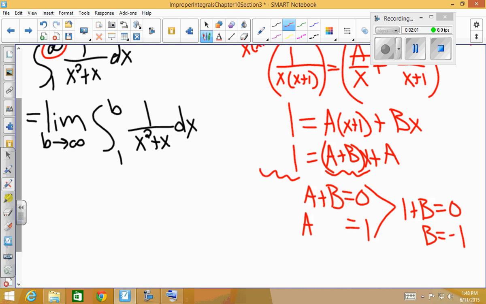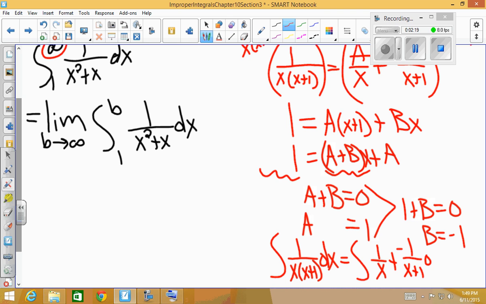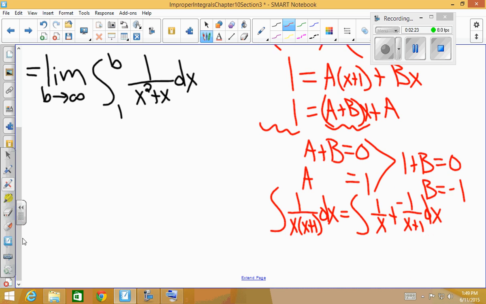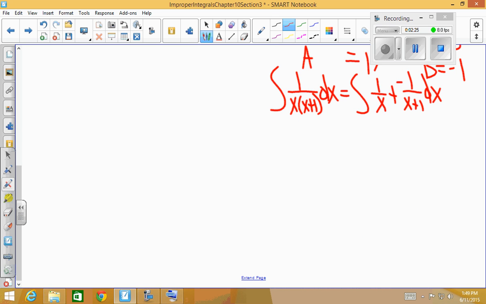So the integral 1 over x times x plus 1 dx is equal to the integral 1 over x plus negative 1 over x plus 1. We can break that up into two integrals and essentially be done there. So the integral 1 over x dx minus the integral 1 over x plus 1 dx.